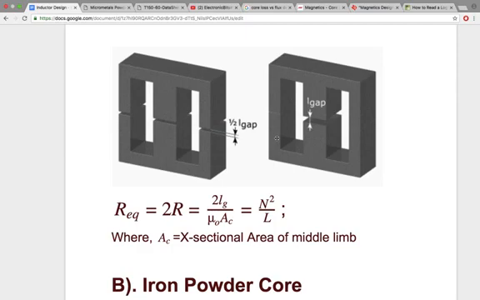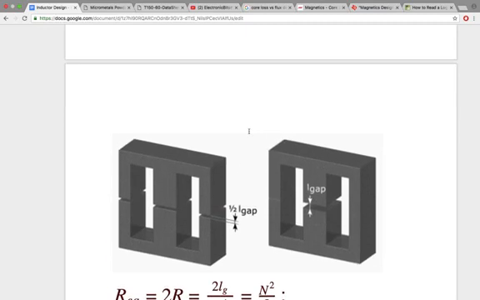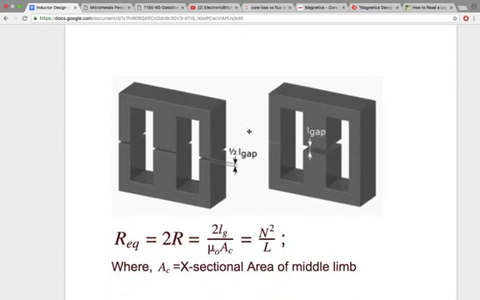Now it is very important, one thing here, why I have chosen double E core: to give you a feel of the equivalent reluctance. If you provide an air gap here, let's say the same air gap is provided everywhere, then you will see that all the parts will have some reluctance.